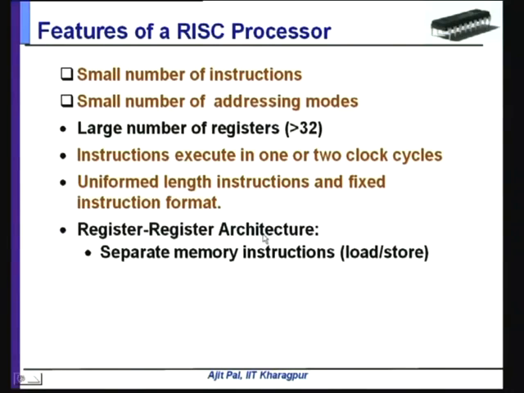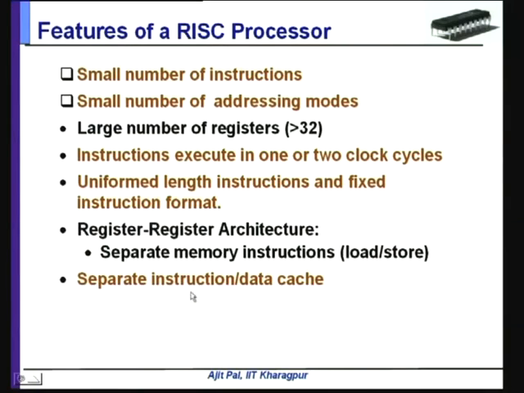You will find later on when I discuss the MIPS processor architecture, all the instructions will require a single format and will involve only 1 or 2 cycles for execution. Then uniform length instructions and fixed instruction format, and it is essentially a register architecture where you require separate load and store instructions. That is why it is called load store architecture.